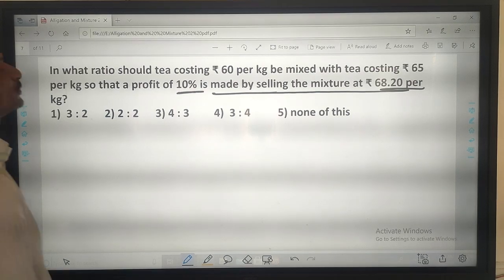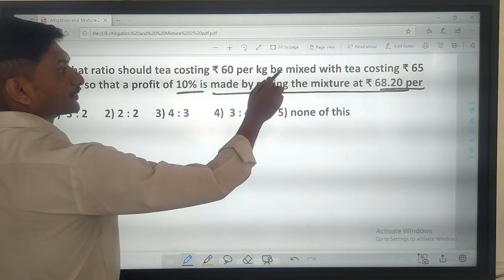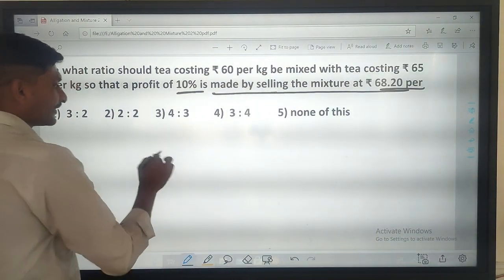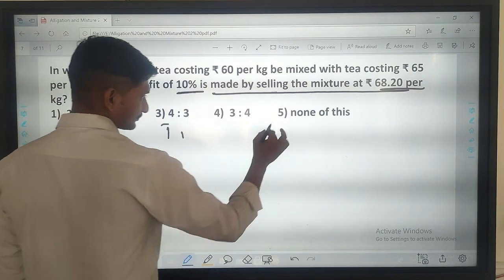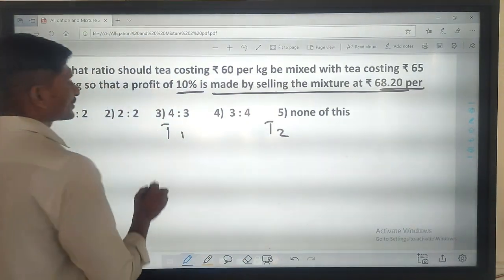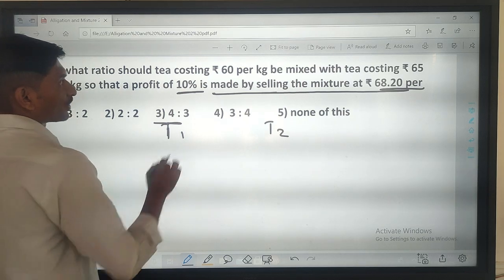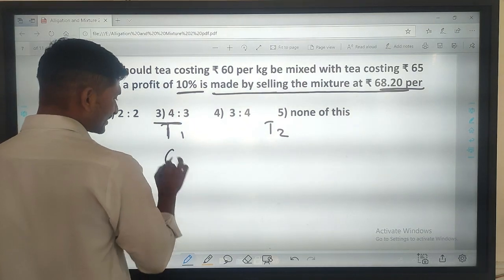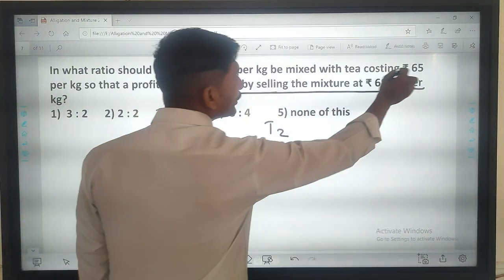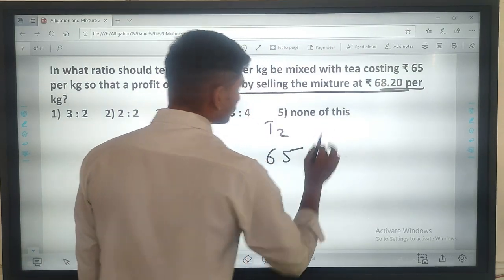Here we have two types of tea, T1 and T2. The cost price of T1 is 60 and the cost price of T2 is 65.